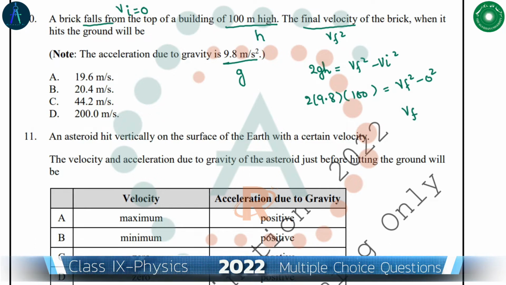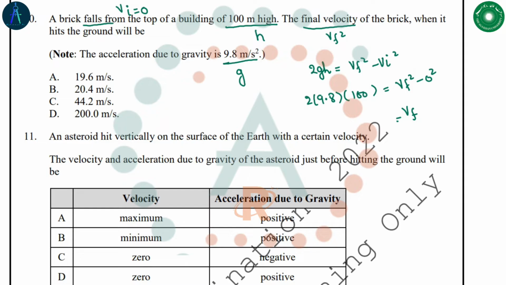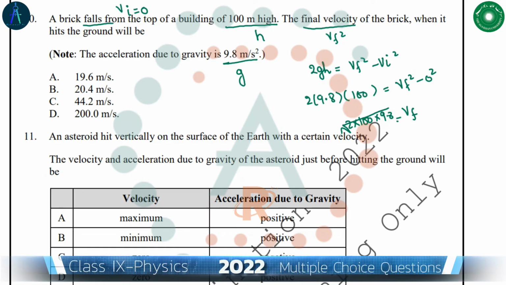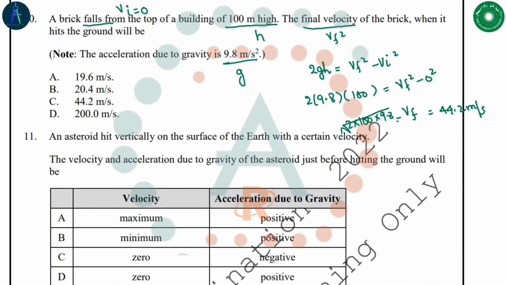So for finding the velocity, we will multiply 2, 9.8 and 100, and then we will take the square root of this whole value. After calculating this, the correct answer will be 44.2 meters per second. So the correct answer will be option C.